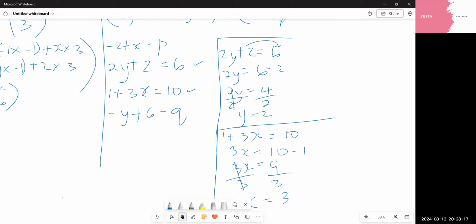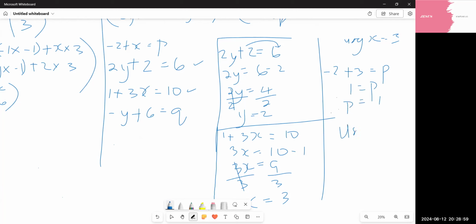So using x equals 3, negative 2 plus 3 equals p. And we simplify that, that would be 1. P is 1.